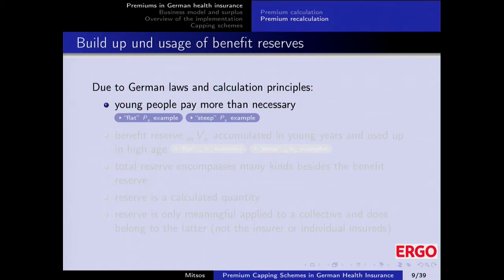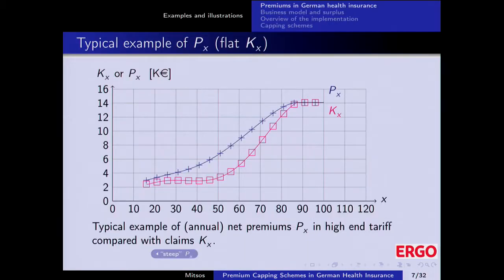And we have calculated premiums that may look like this. This is the premium for different contract ages, and these are the claims per capita for the same, again for contract age.